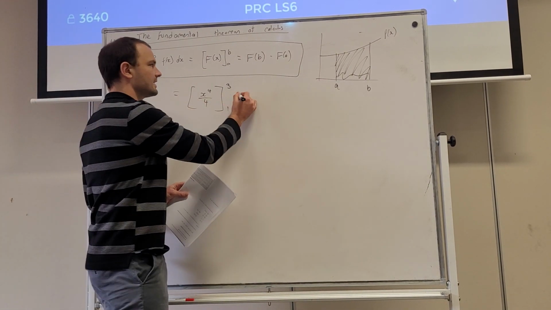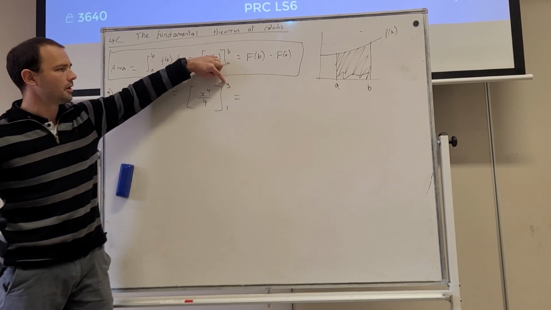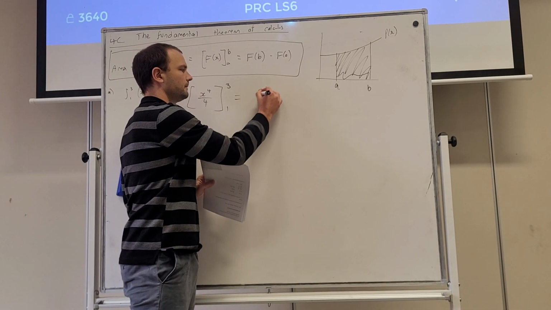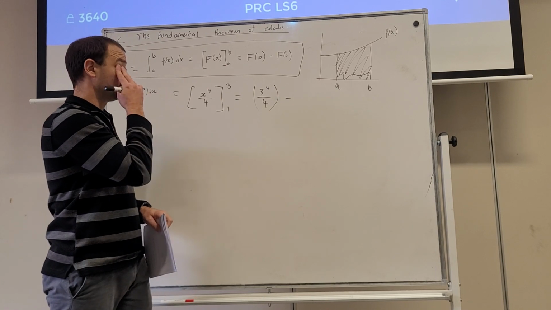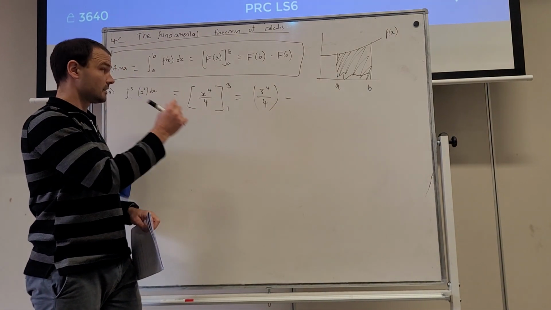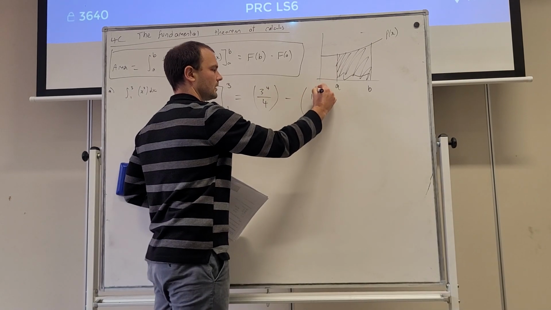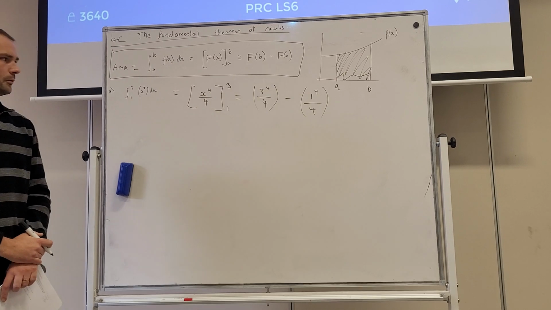And then in the next step, we have the big function with the top boundary substituted in. So that would be 3 to the 4 on top of 4, take away the function with the lower boundary substituted in. 3 to the power of 4, 1 to the power of 4.